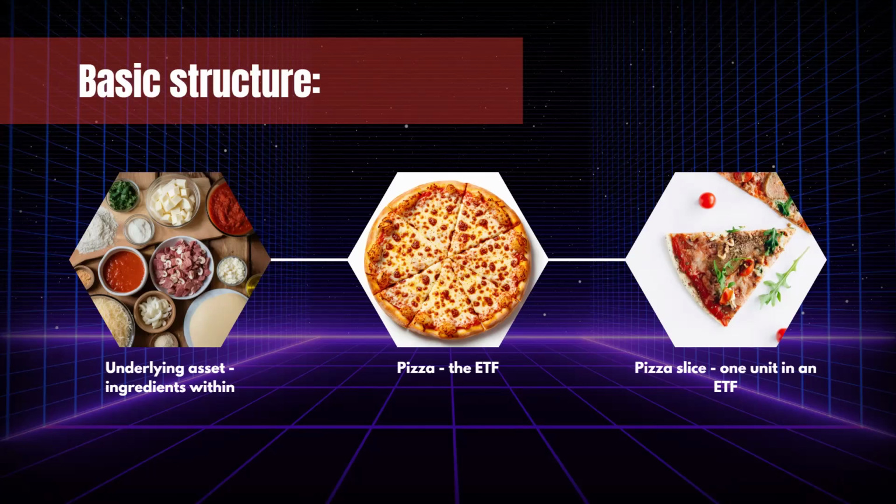We don't know which company will be the next hit. So with an ETF, all of these stocks are blended into one, and when you buy one slice of pizza, you're partially investing in all of them. So let's say the FTSE 100, it's the 100 biggest UK companies.